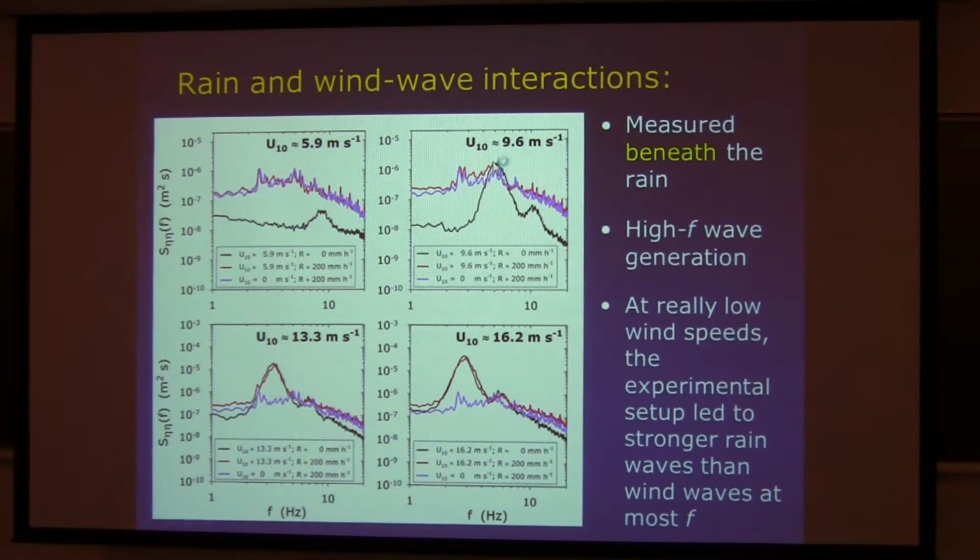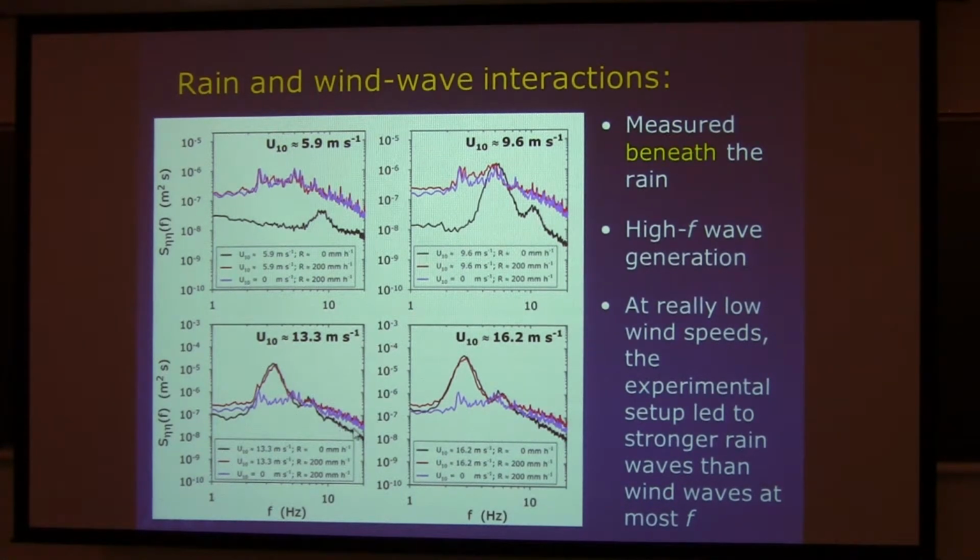At a higher wind speed of 9.5 meters per second, the rain-generated waves are being injected at the same frequency as the wind-generated waves. And so we see a slight decrease in the peak frequency compared to the wind-only spectrum, but otherwise the most significant feature is that there is a significant increase in high-frequency energy being observed.